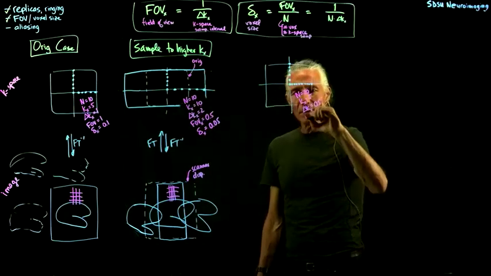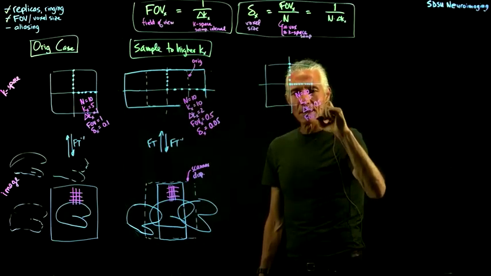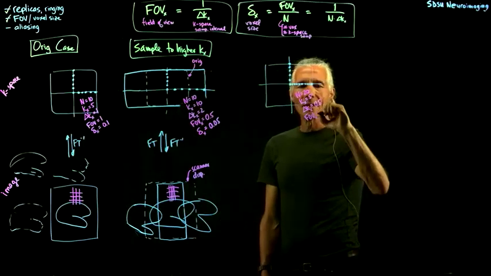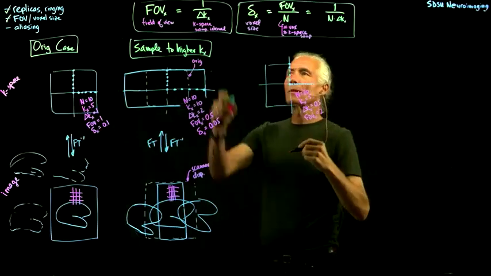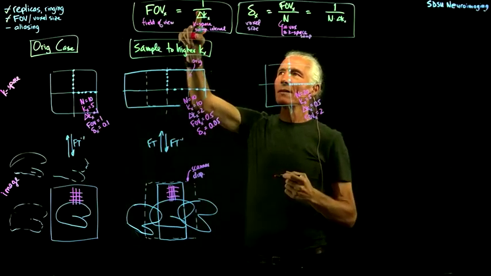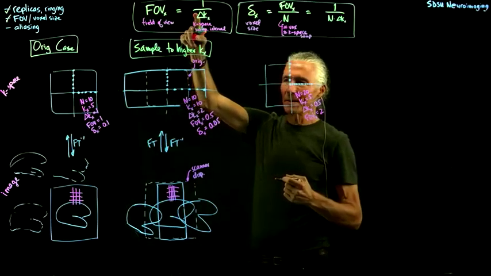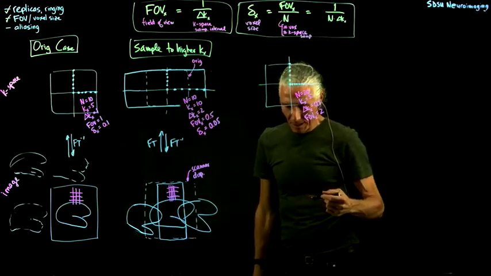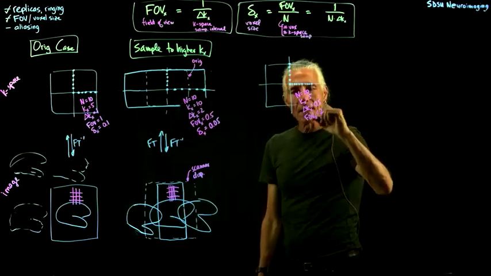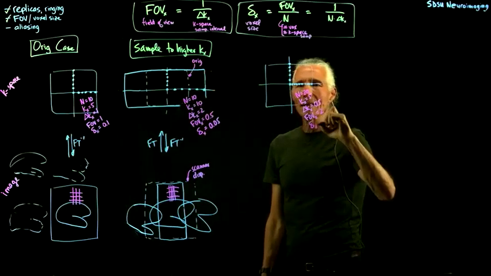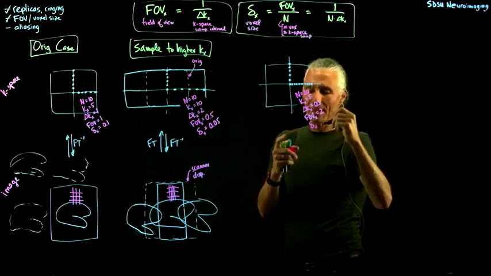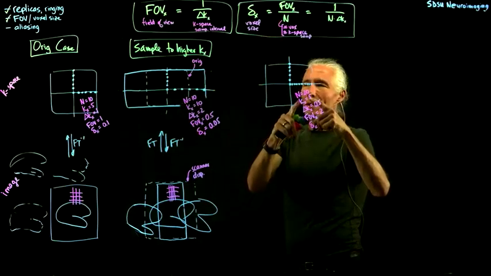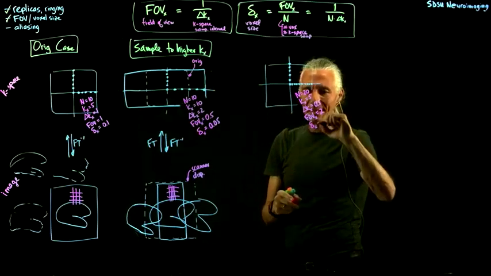And the field of view in the x direction should just be 2 now, because we're dividing 1 by 0.5. Smaller number in the denominator, we get a bigger number. So we double the size of the field of view, and then the voxel size, this double-sized field of view divided by a larger number of points, is exactly the same.